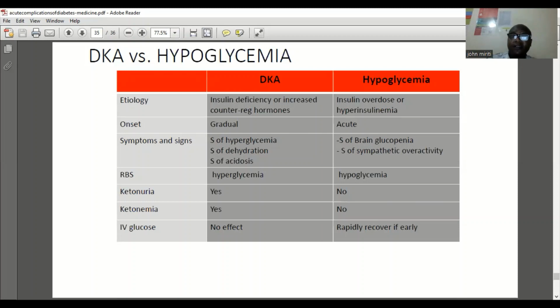The symptoms of DKA are hyperglycemia, dehydration, and acidosis, whereas the symptoms of hypoglycemia are brain glucopenia or sympathetic overactivity. Random blood sugar is high in DKA, whereas in hypoglycemia it is low. Ketonuria is present in DKA, whereas it is negative in hypoglycemia. Ketonemia is present in DKA, whereas it is negative in hypoglycemia.